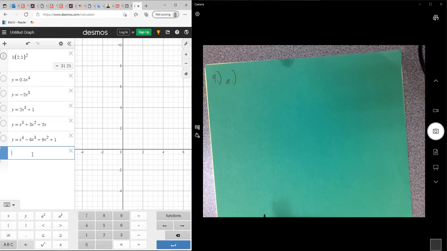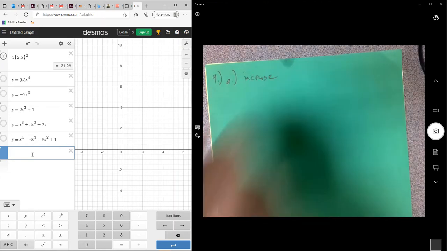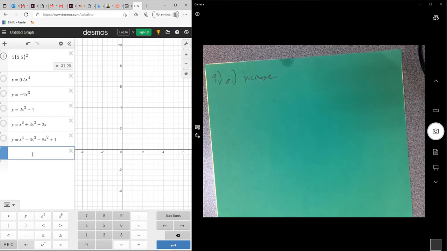They tell us as x decreases without bound, the corresponding y values will increase. Because if you look at that graph on page 471, when x is decreasing, you notice that the y values are going up. They're not going down. As x decreases, y is actually going up.